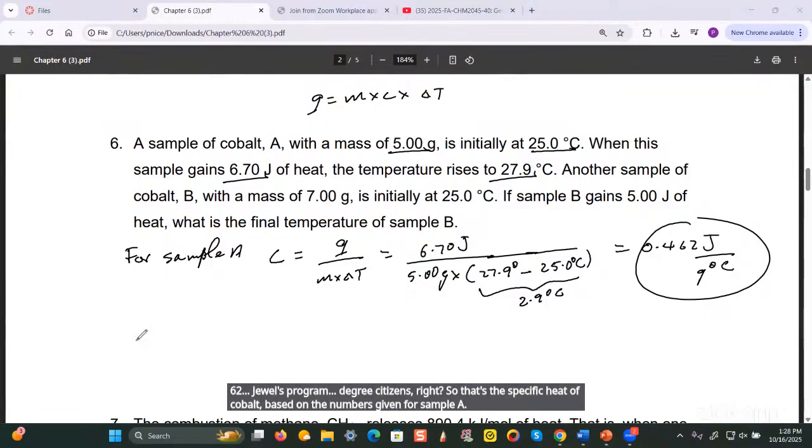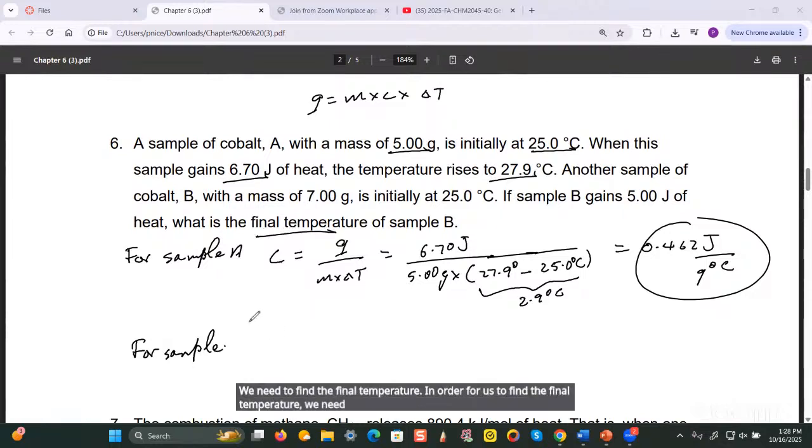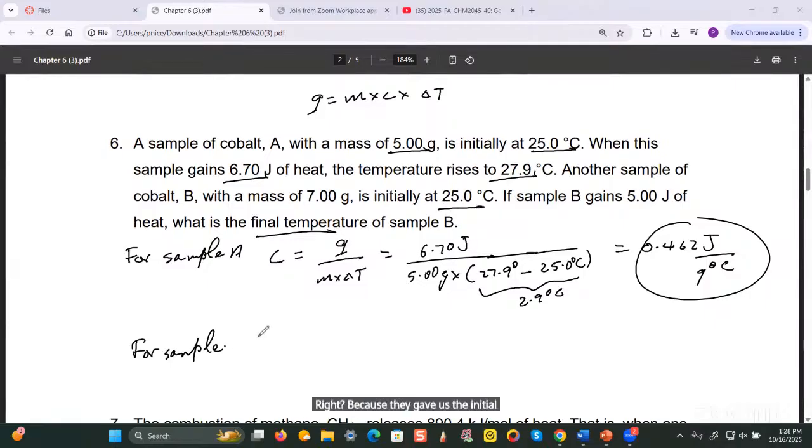Now, what we need to find for sample B is the final temperature. In order for us to find the final temperature, we need to find out the change in temperature, right? Because they gave us the initial temperature, so we can find out the final temperature.